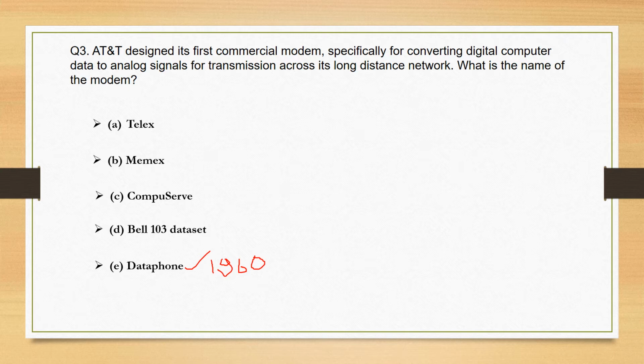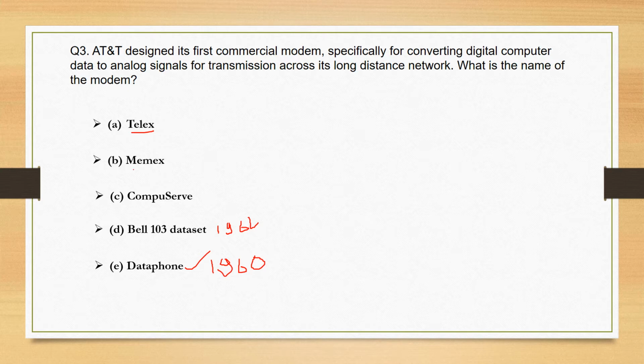Apart from this, the Bell 100 dataset was developed in 1962. So this will not be the oldest one. And apart from this, there are some terms like Telex. Telex is basically used for telegraphy purposes. It is not a digital converter.